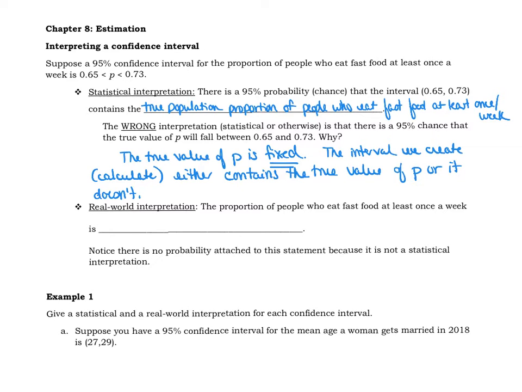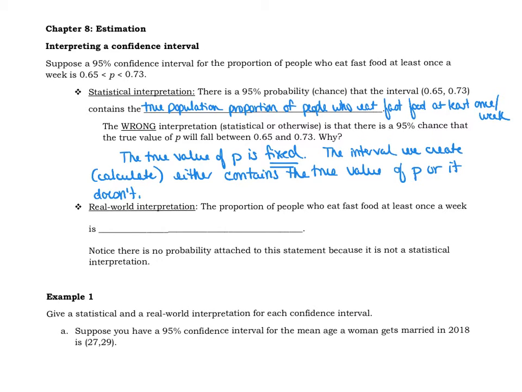All right, the real world interpretation. So the one that you would use, again, if you're writing an article that's not a scholarly academic article, or the type of thing you'll see discussed on the news, is more your real world interpretation. You don't have to mention that 95% probability, because this is just your everyday talking.